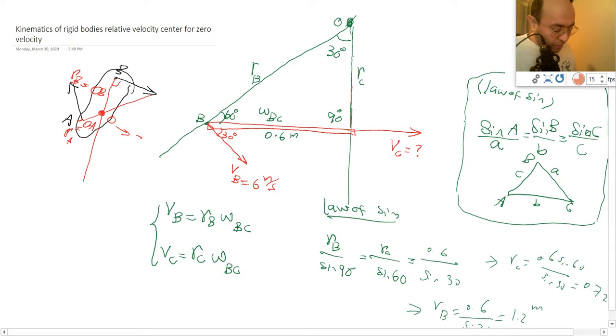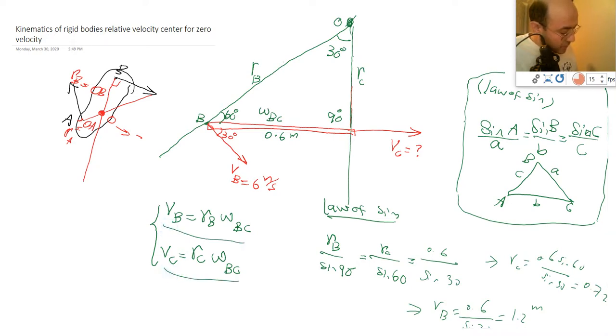Now when I know both RC and RB, let's go to this equation down here. In the first equation, velocity of B is 6, so I can say 6 is equal to RB, which is 1.2, times omega BC, which we don't know. Then we can solve for omega BC.